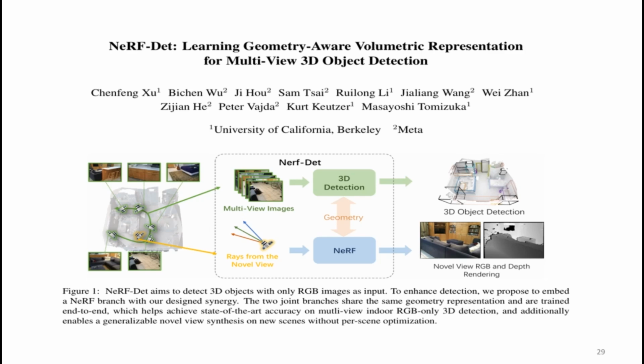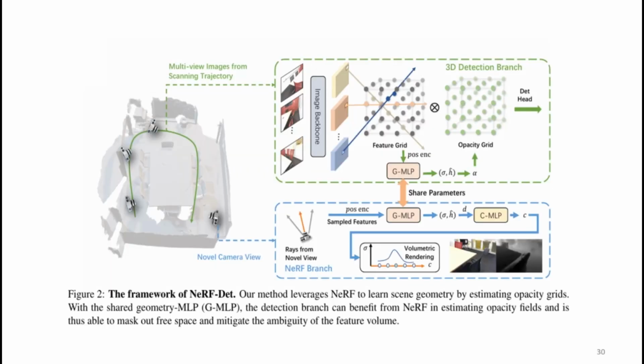Existing methods often struggle to capture the intricate spatial relationships between objects. To solve this problem, the authors propose NeRF-Det, a method that combines the power of neural radiance fields with traditional 3D detection techniques to generate geometry-aware volumetric representation.